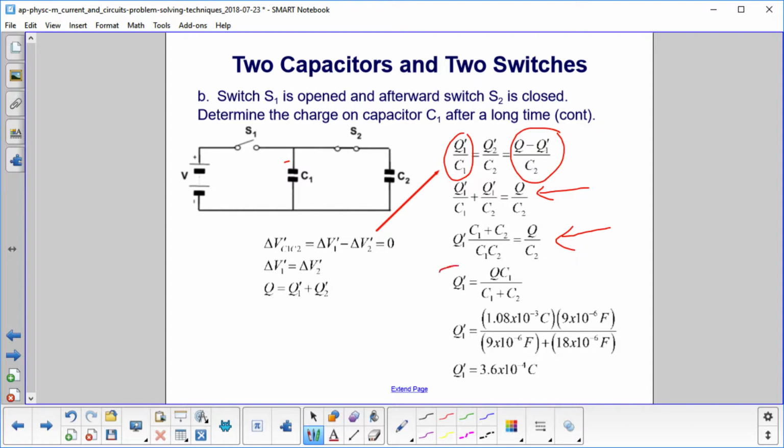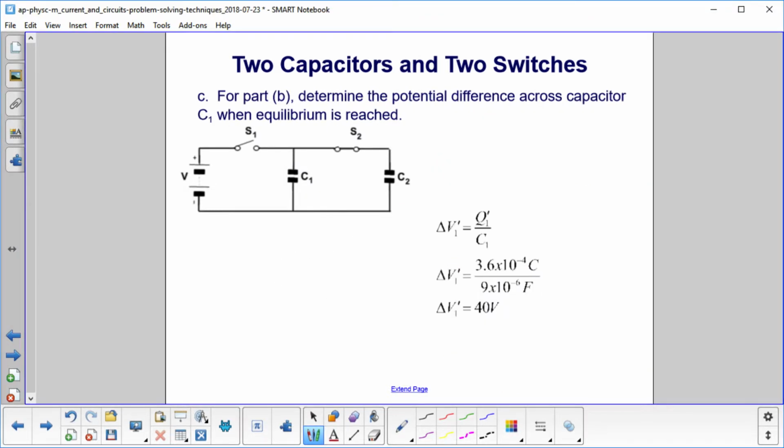And finally, we get Q1 prime is equal to Q, which is the total original charge, times C1 over C1 plus C2. We substitute in our values, and we find that the new charge on C1 is going to be 3.6 times 10 to the minus 4th coulombs.